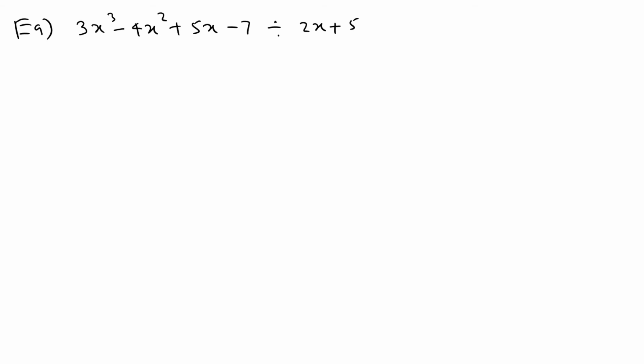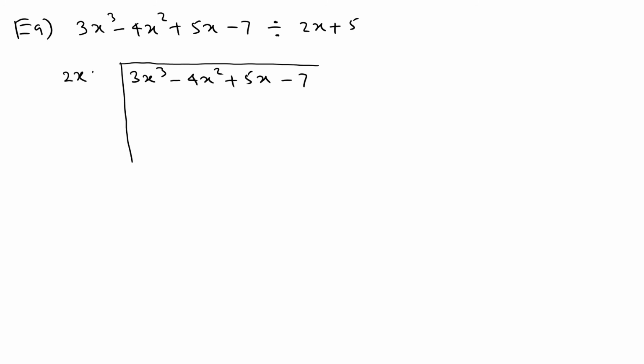If you do that, you can still do the same thing, but those numbers won't be good, but that's okay. So let's see how it works. We can start with 3x cubed minus 4x squared. You can see all the terms are there, so nothing is missing. Plus 5x minus 7. If something is missing, you have to add a 0 for that. And then as before, this is 2x plus 5, just the same argument.